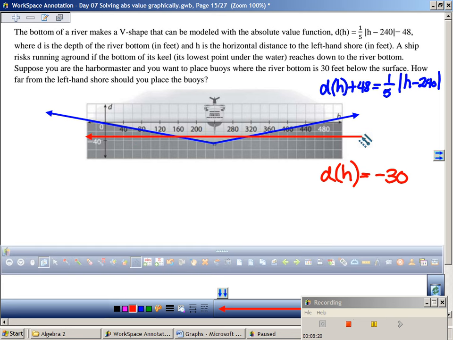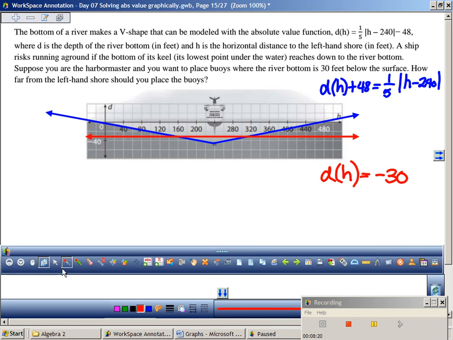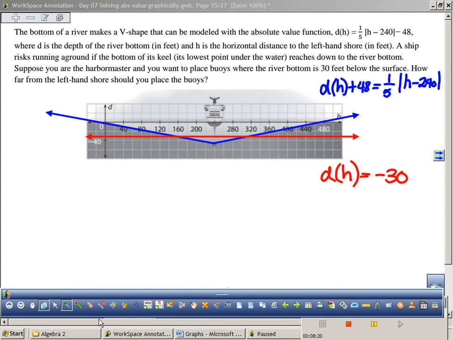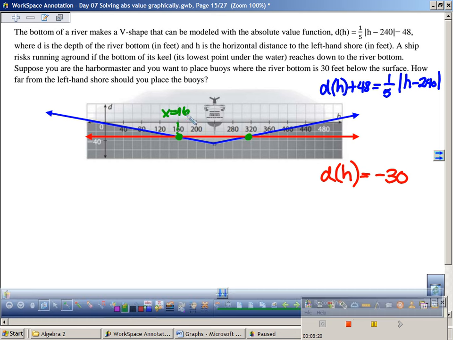That's a little too low, but it's okay for these purposes. So the intersection is going to be somewhere between x equals 160 and x equals 320. About, I'm going to say about.